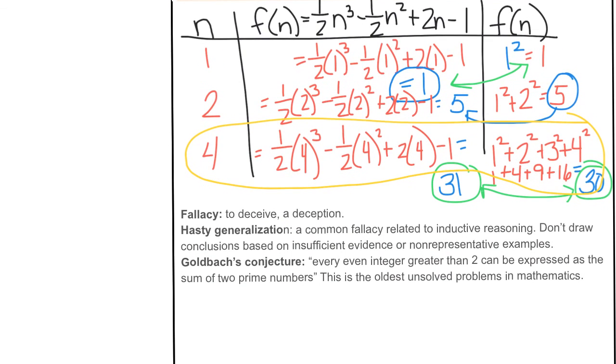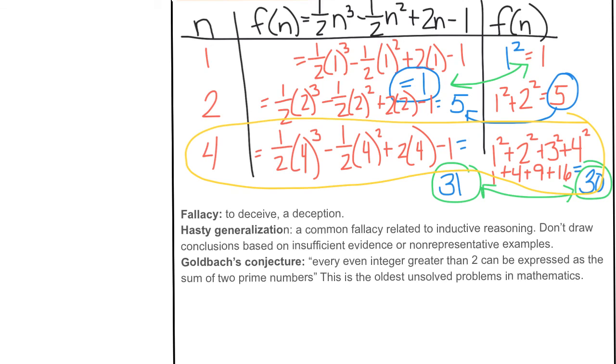So let's look at this. A fallacy. Again, you're going to feel like you're back in 8th grade logic, but that's okay. We just need to do a couple of definitions here. A fallacy is where you have a deception, where we are deceiving or creating a deception. A hasty generalization is a common fallacy related to inductive reasoning.